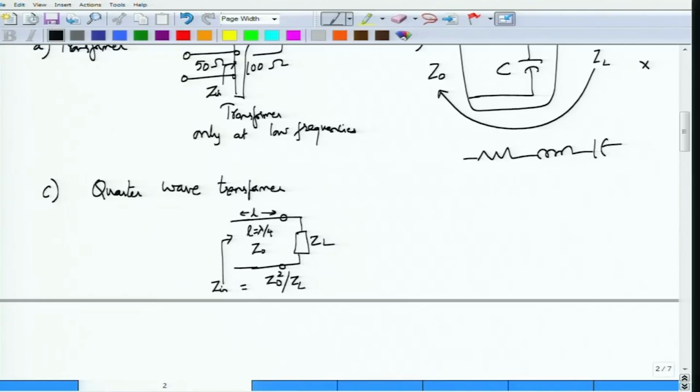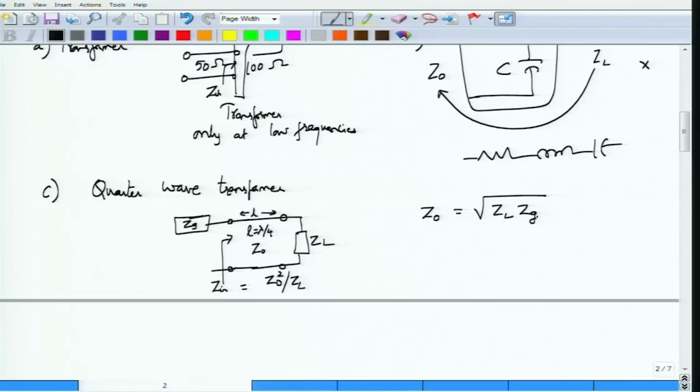So if I were to match, for example, if this Z in is supposed to be equal to ZG, then I should simply choose a characteristic impedance Z0 of a transmission line of length lambda by 4 such that Z0 square is equal to ZL into ZG.